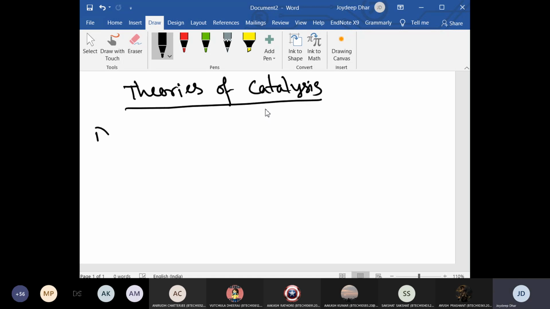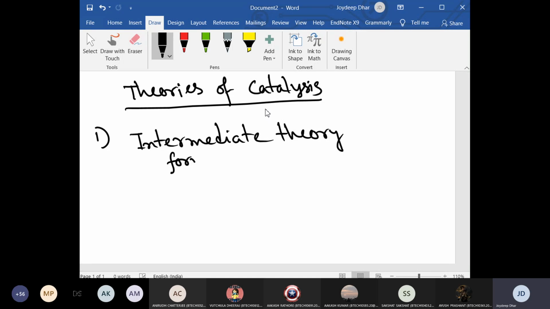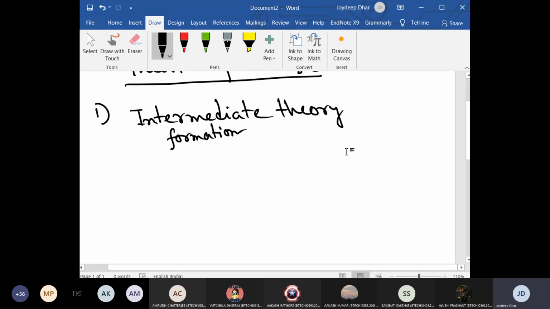One is the intermediate formation theory, or compound formation theory. It says that initially one of the reactants will react with the catalyst and one intermediate species will form.